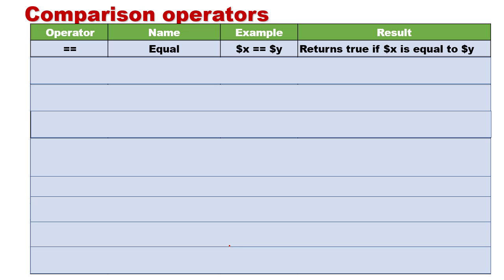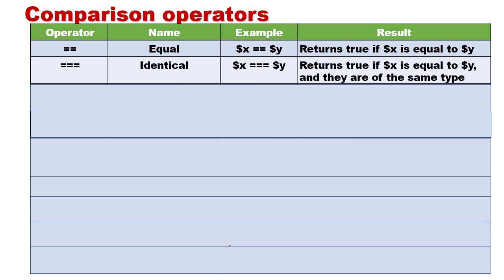After this, the next operators are comparison operators. Double equals means equal if both the variables are equal. Triple equals means identical, so you check that the values are the same and their data type is also the same, which is found out by this identical operator.